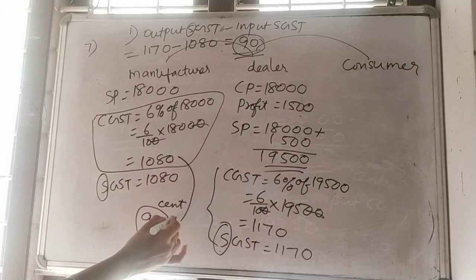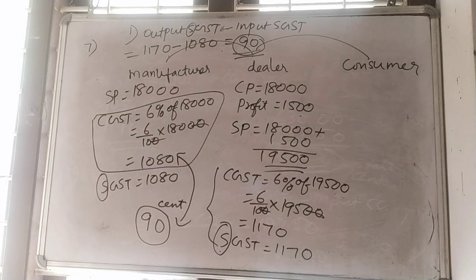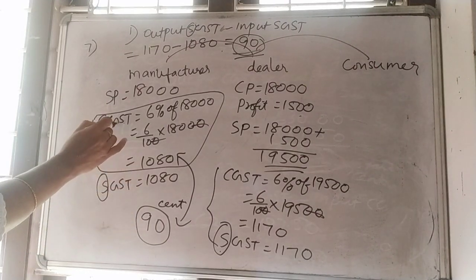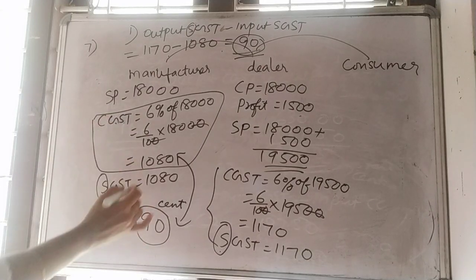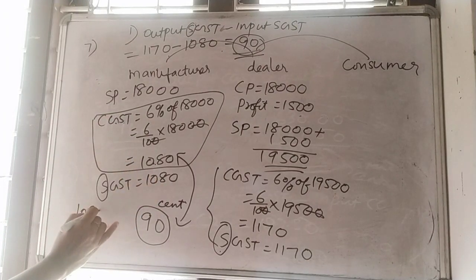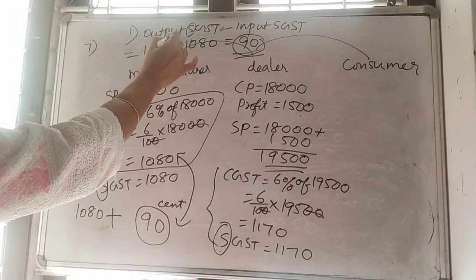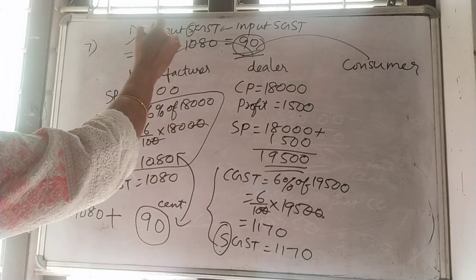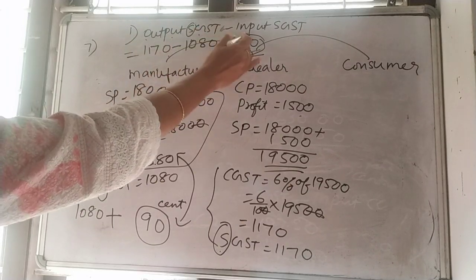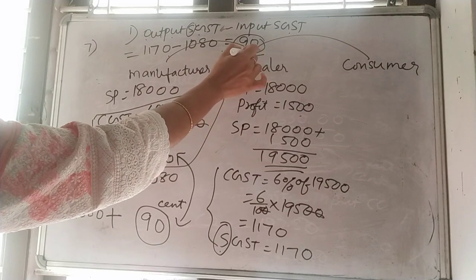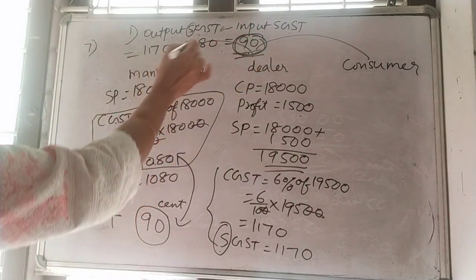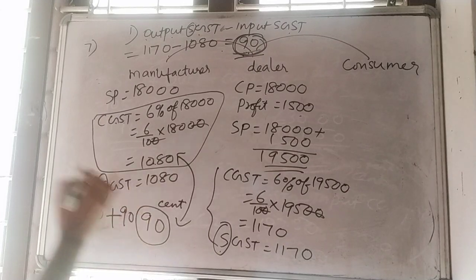So total tax received by the central government will be input CGST, that is 1080, plus output CGST minus input CGST, which is 90.